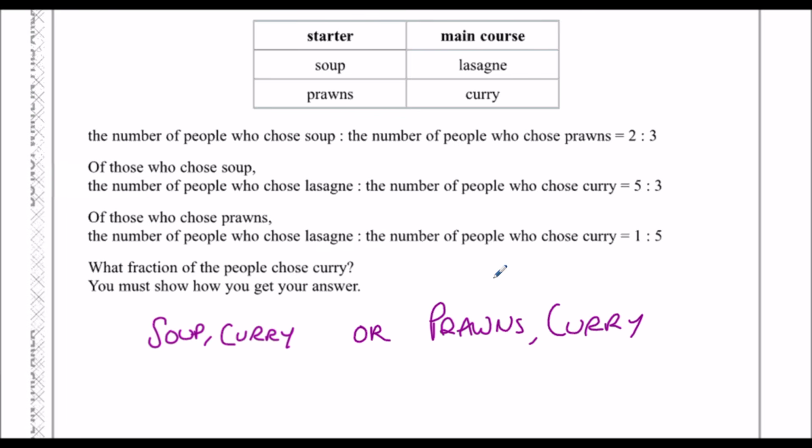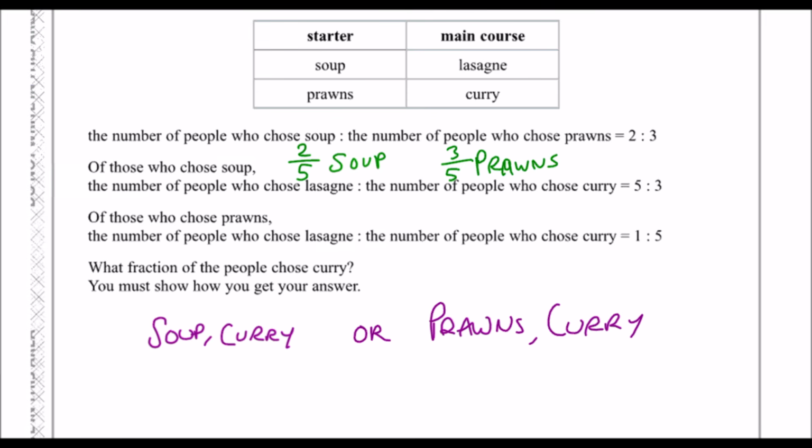I'm going to convert all these into fractions to do this. So soup to prawns is 2 to 3. So that means we've got 2/5. There's 5 parts, so 2/5 soup and 3/5 prawns.